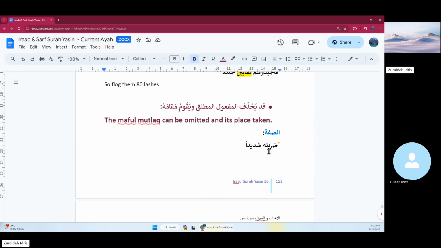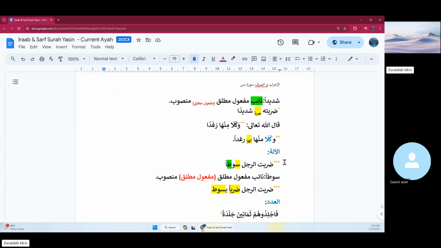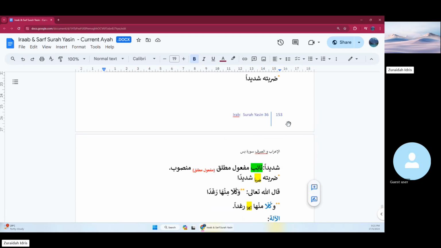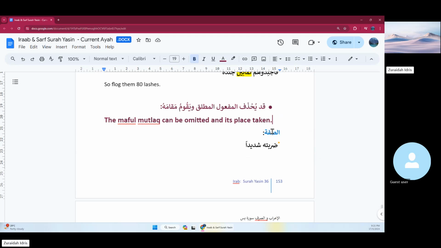If they had the same meaning, this would have been the maf'ul mutlaq. We need to note that. So that's one example, when the sifah, the shadidan, takes the place of the maf'ul mutlaq.